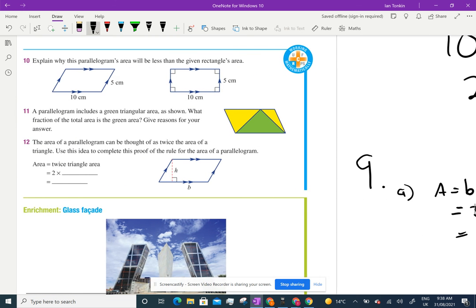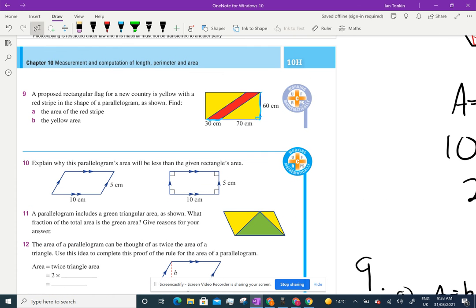And then it tells me, find the yellow area. Well, the yellow area is going to be a subtraction.